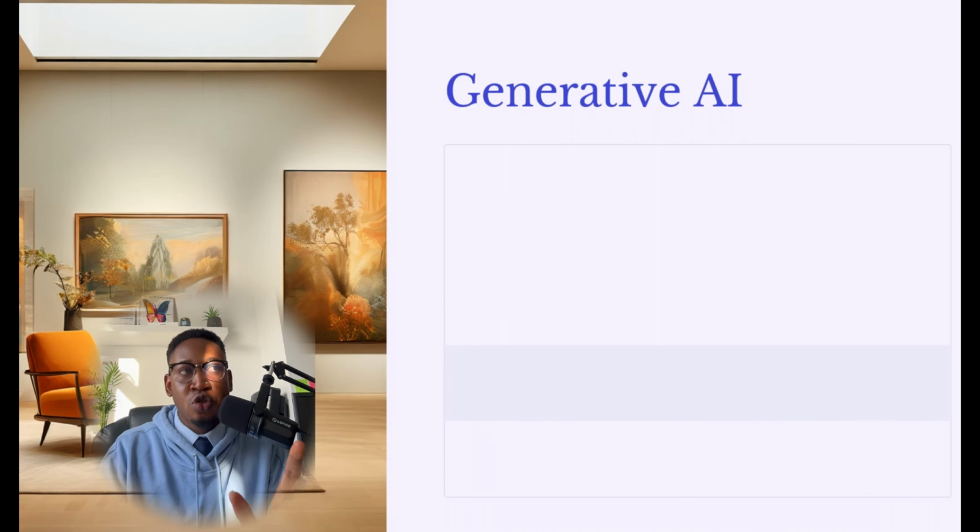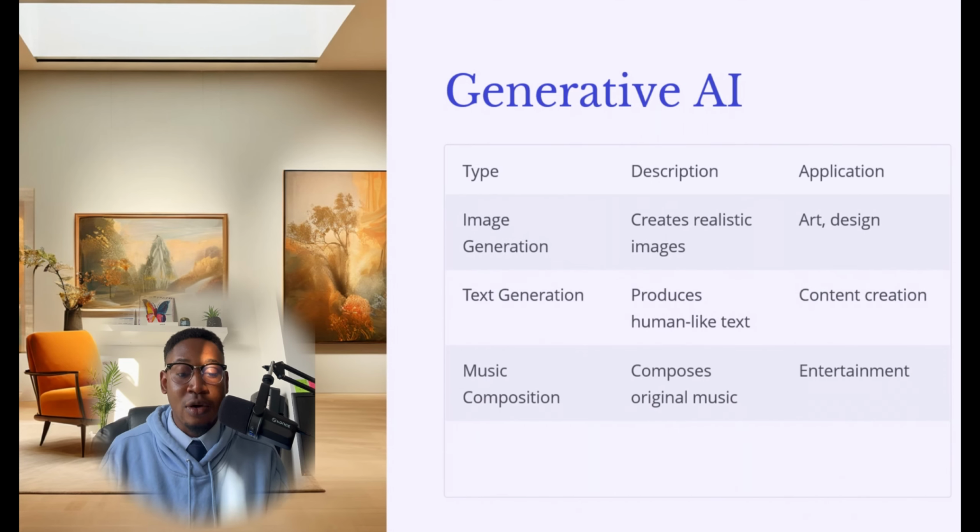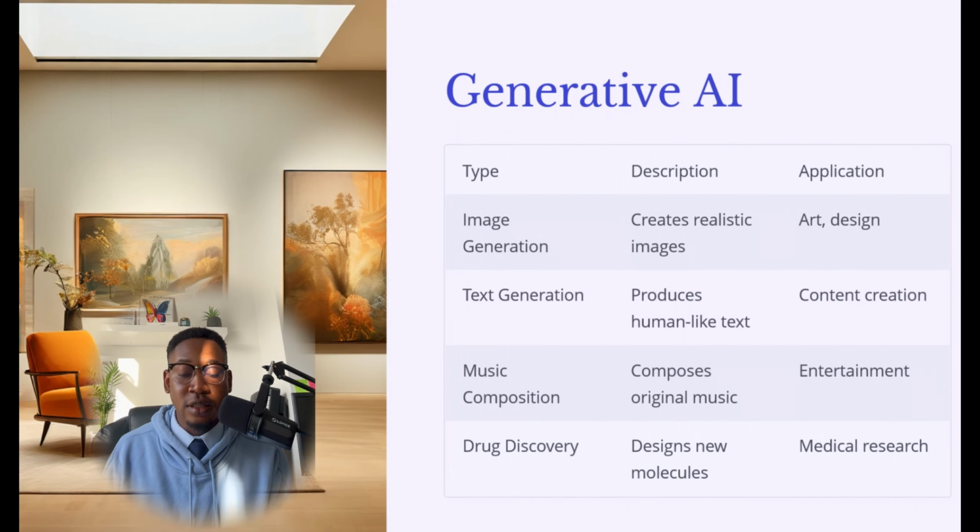So to tell you how serious the generative AI is, remember I said that we are in the 21st century. I went to Accenture, which is one of the top big consulting firms in the world, in London, and one of the senior managers there was telling me that they are moving to generative AI.